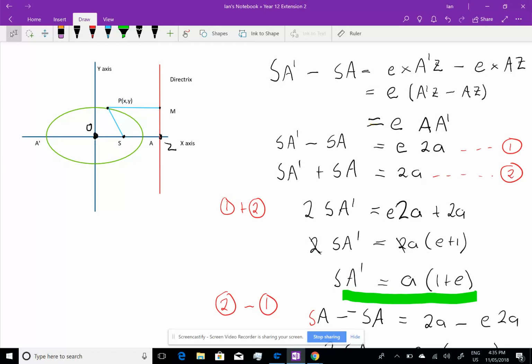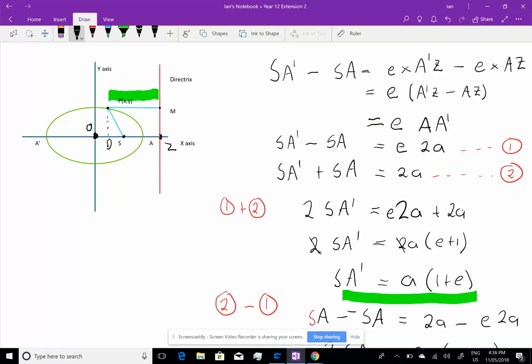So PM, this distance here, equals, well, it's the same as this distance. Let me just put this in, and we'll call that letter D.